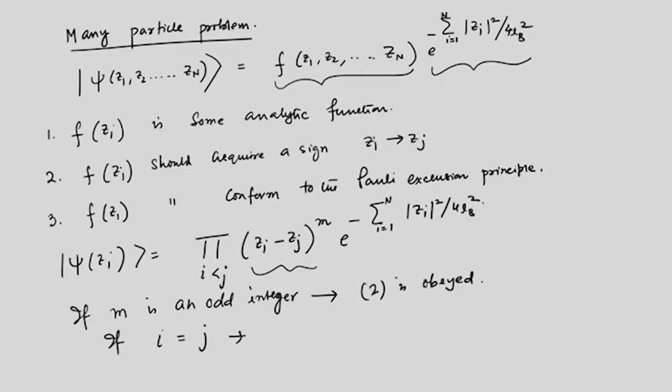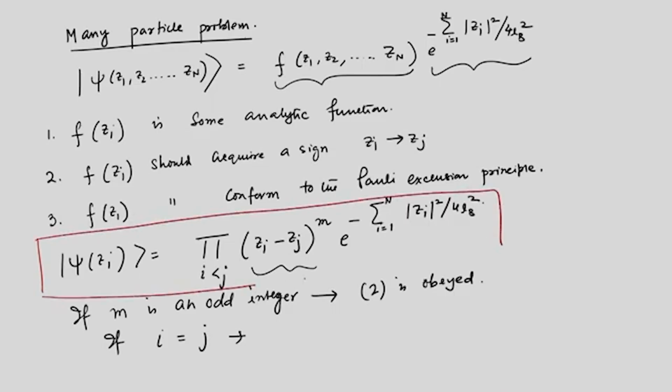Okay. Now it remains to be seen that this wave function looks nice. So this is called the Laughlin wave function, or the Laughlin states.